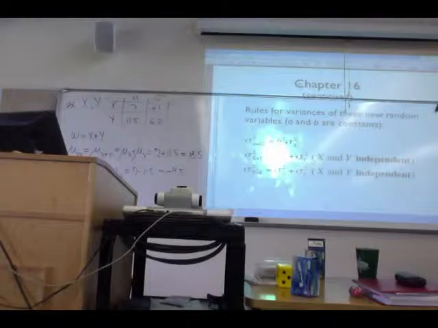So over here, what is the variance of 5 plus 3 halves times x? Well, I take 3 halves, I square that, and I multiply that times the variance of x. Squaring this would be 9/4.